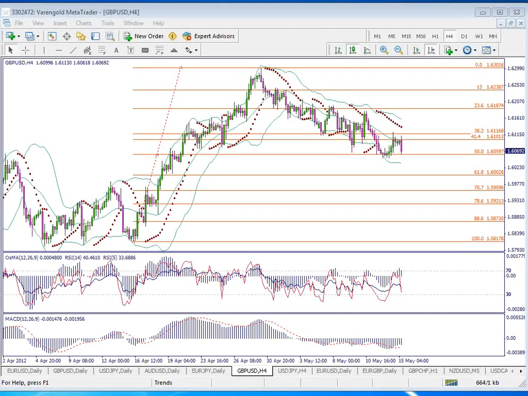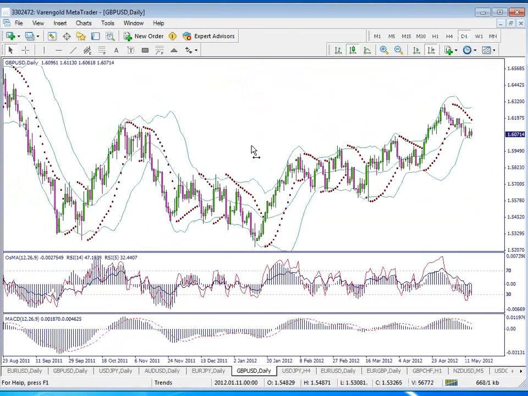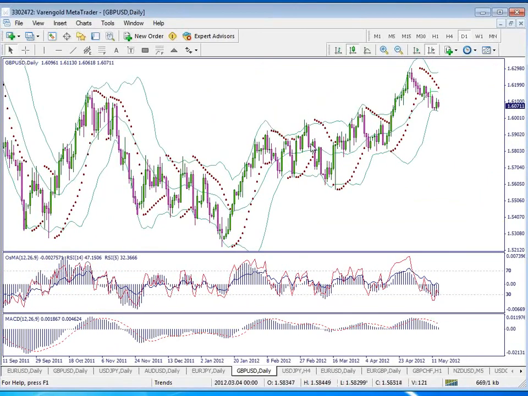So it is right, I'm jumping from one time frame to another, but I'm using the higher time frames like daily just to see the big picture of the market.